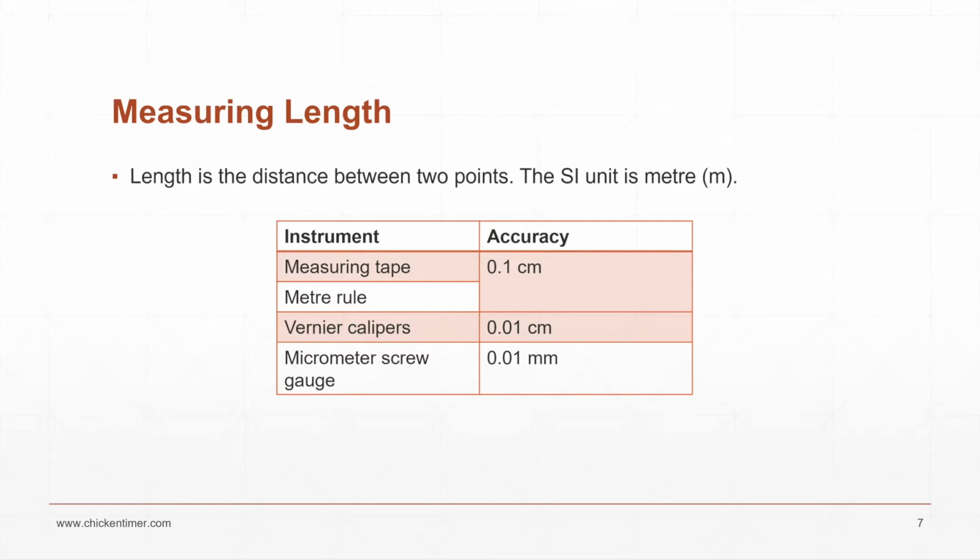Vernier calipers are for anything shorter than 12 centimeters, but not exactly very, very small. That one, the answer is to 2 decimal places. Then micrometer screw gauge is for those dimensions that are very small. So it's 3 decimal places if it's centimeters, then 2 decimal places if it's in mm. So if they ask you to choose, you just pick.